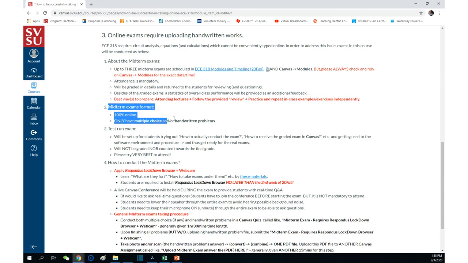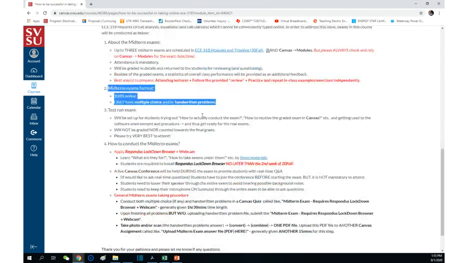Exams are 100% online. And here, this is something useful as well. You're only going to have multiple choice and/or handwritten problems. Of course, here I need to clarify. You might have handwritten problems and multiple choice. You might have handwritten problems only, but you won't have multiple choice only.